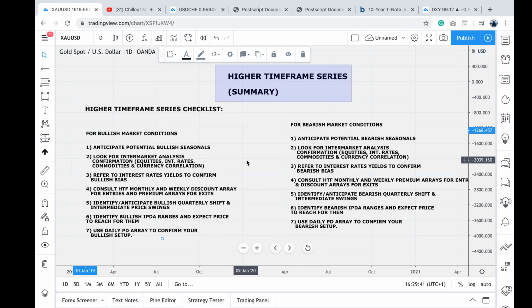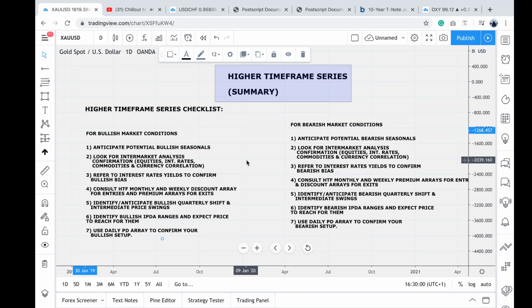So you have to ask yourself: is a long-term swing low being formed, or is an intermediate-term swing low being formed, or is it about to form? You have to be able to make that decision. Is it about to form, or has it been formed? And we're going to look at examples of how to utilize all this.